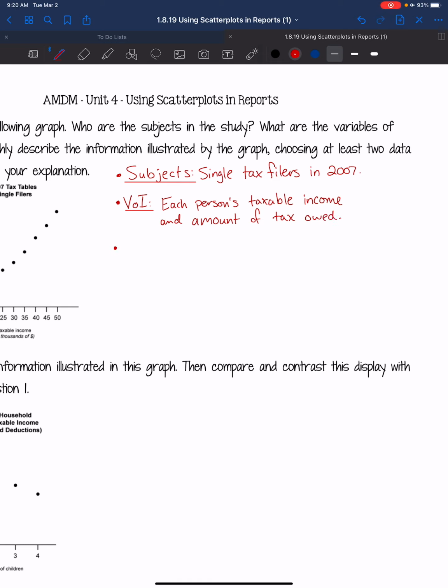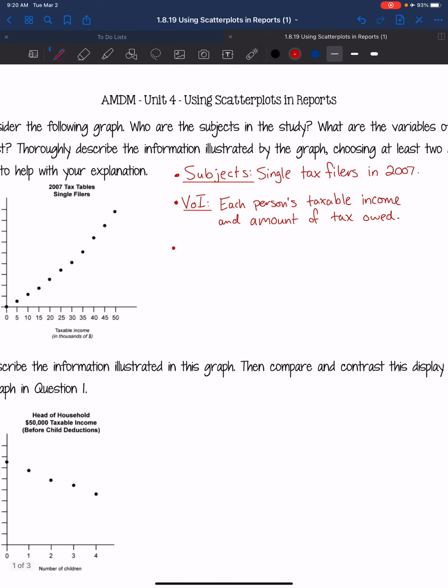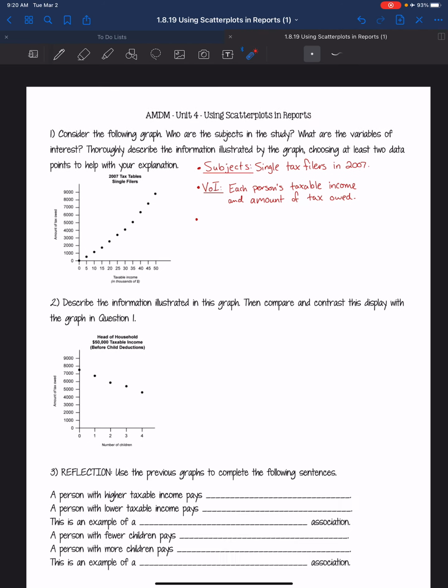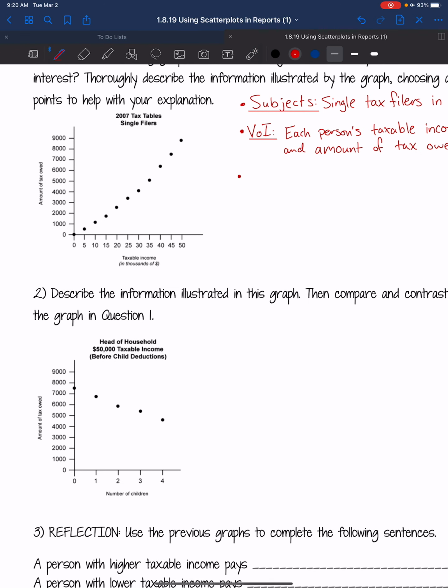And then the last thing they want us to do is just talk about describing the information illustrated by the graph, choosing at least 2 data points to help with your explanation. So if I'm looking at this graph, I notice that a single person making $10,000 in taxable income, so if I draw a line right here at $10,000, they're going to be paying about $1,000 in taxes.